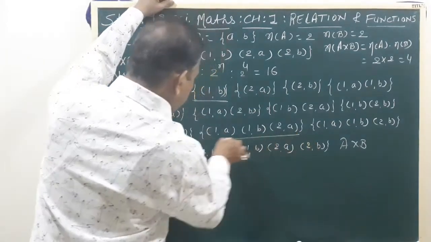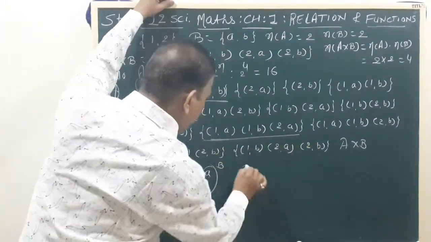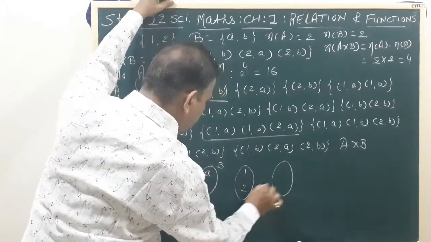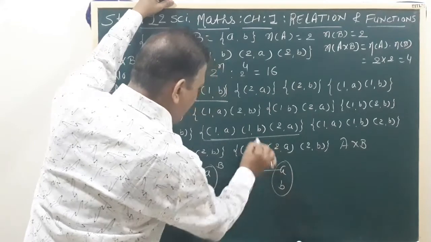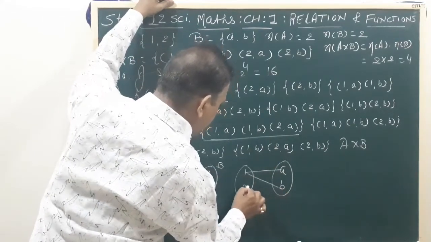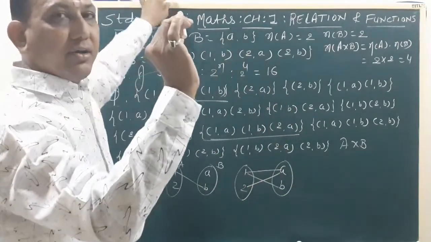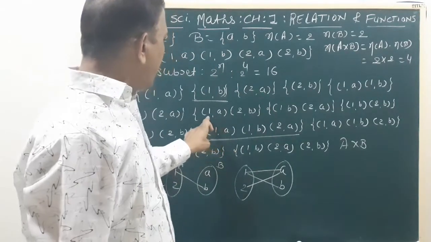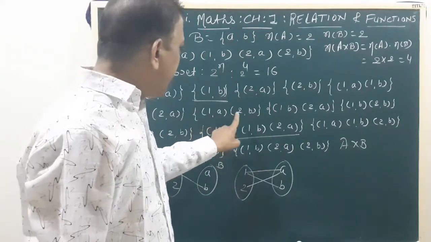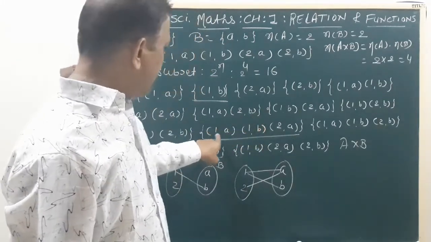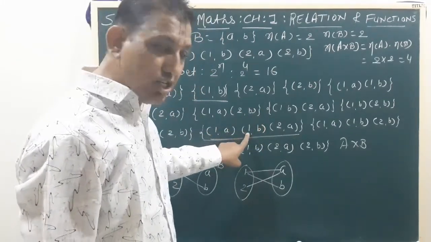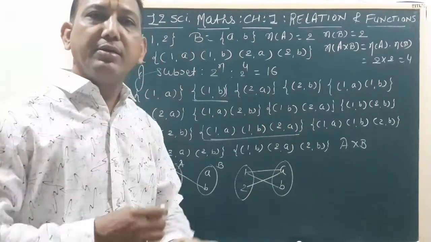Okay. Now in this curly bracket: (1,a), (1,b), (2,a). Right? So here the meaning is this: 1 is related to a, 1 is related to b and 2 is related to a.